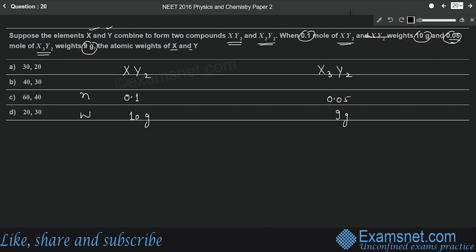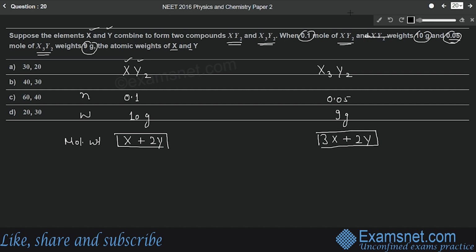Okay, now what will be the molecular weight? Suppose the atomic weights are X and Y respectively, then the molecular weight of XY2 will be X plus 2Y. Similarly, the molecular weight for X3Y2 will be 3X plus 2Y. Okay, this will be the molecular weight of this compound.